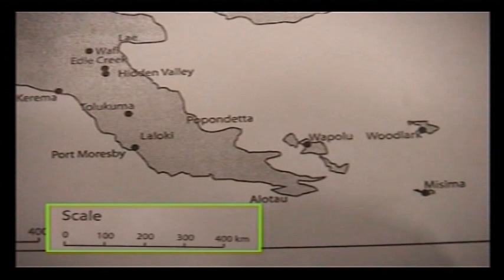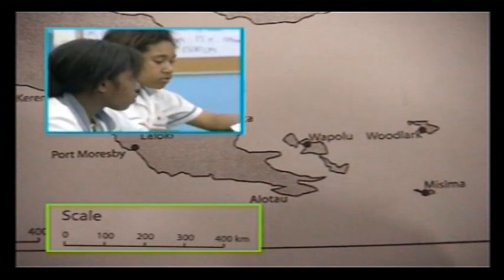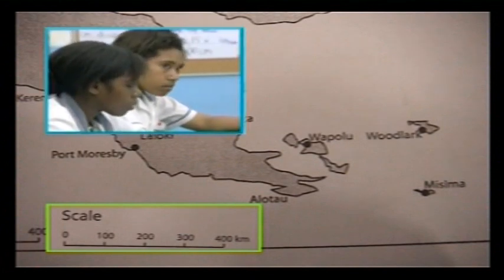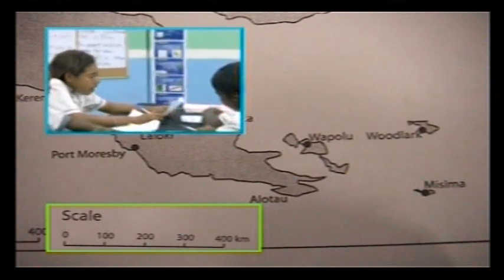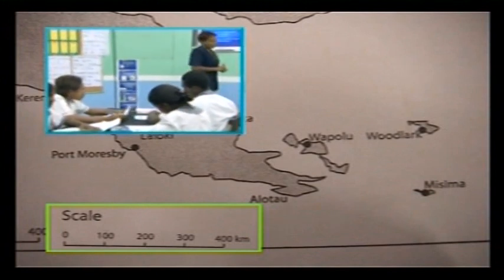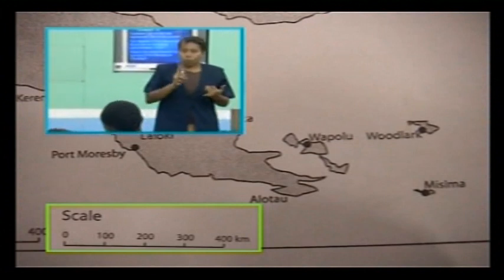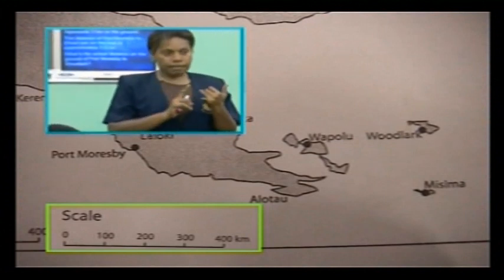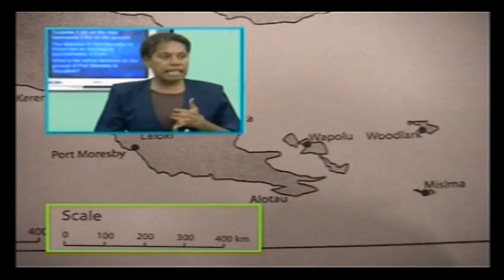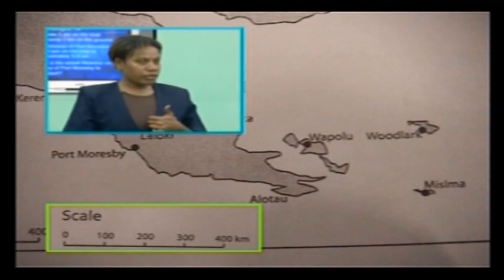Okay, you're not putting your hands up. You disagree with his answer? Okay, remember the scale. 1 centimeter represents 100 kilometers on the ground.